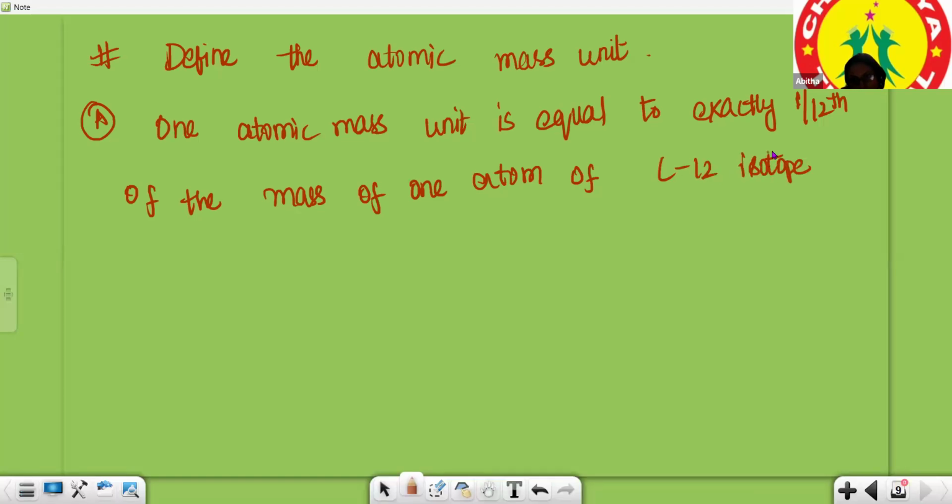So this definition we have seen earlier also. What is the atomic mass unit? We consider atomic mass unit as 1/12 of the mass of one carbon isotope. Which isotope? C12 isotope.